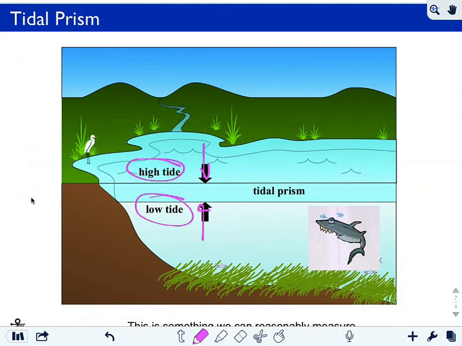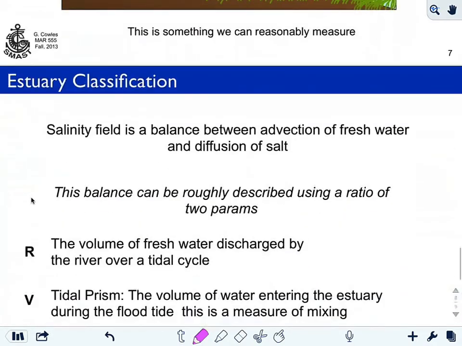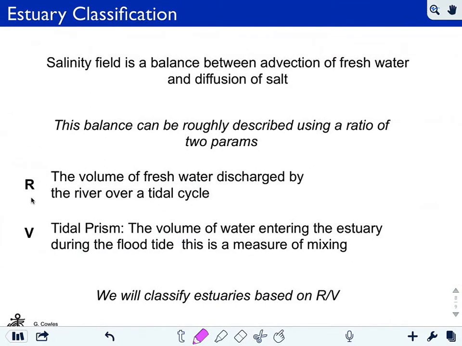It's a pretty easy metric to get at because if you have some sense of the surface area of your embayment and the tidal range, you're just multiplying those two together to get a volume. Even with some simple maps and simple knowledge, you can get a decent estimate of the tidal prism, which will be handy because it will be used in some of the estimates we come up with for time scales.